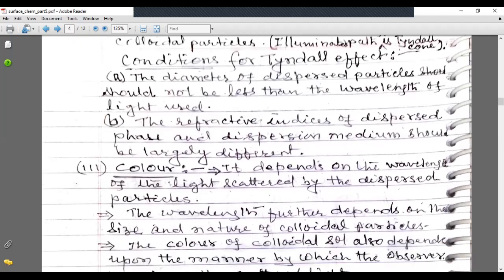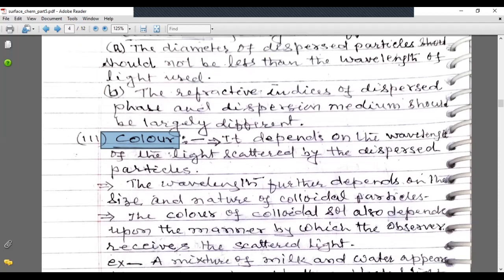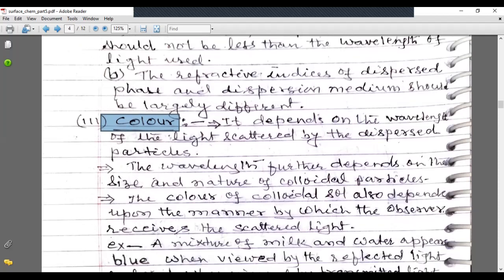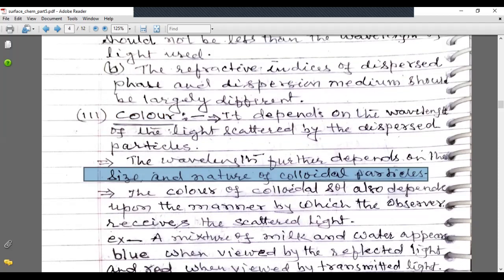Now the next property is color. It depends on the wavelength of the light scattered by the dispersed particle. The wavelength further depends on the size and nature of the colloidal particles present.